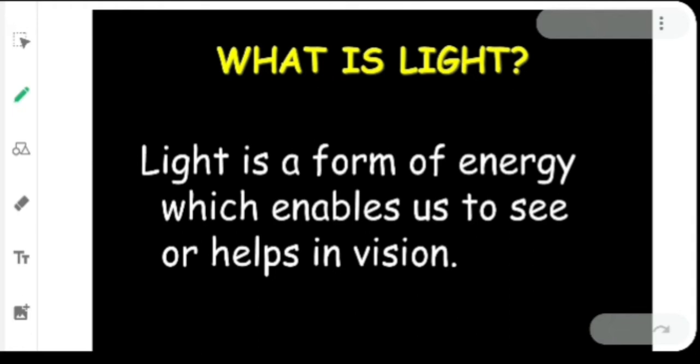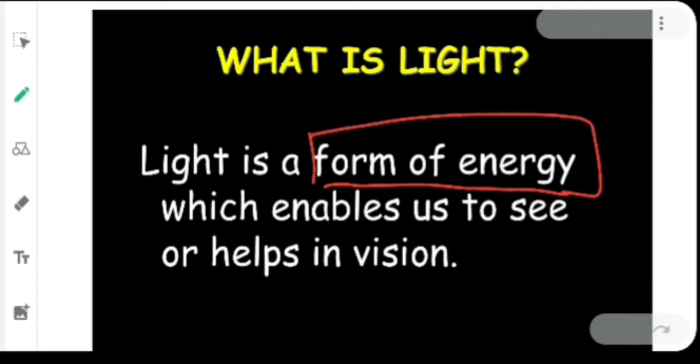For hundreds of years, light was controversial. No one could describe what light is. But nowadays we can say light is completely a form of energy. We know the forms of energy: heat energy, light energy, electric current. So light is also a form of energy, and it helps us in vision, meaning to see objects.